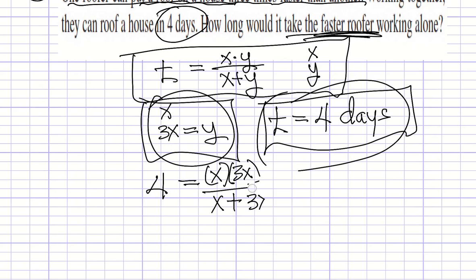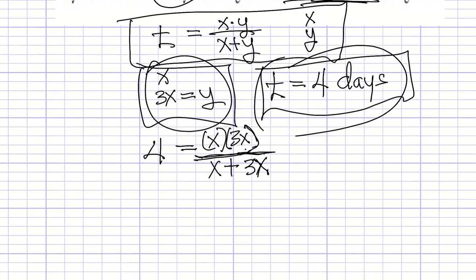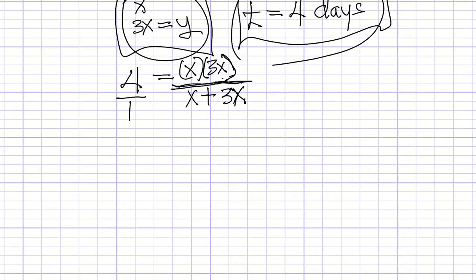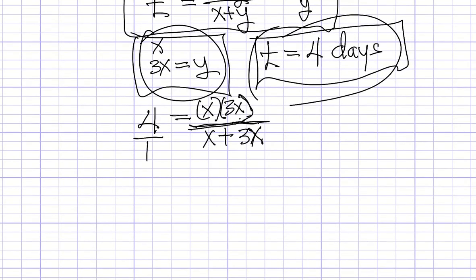That's what they're saying, and we're doing what they're saying. This is x. That's our setup right there, that we're going to solve. Remember, we can do 4/1, so we've got plenty of space. So let's hack this thing out.